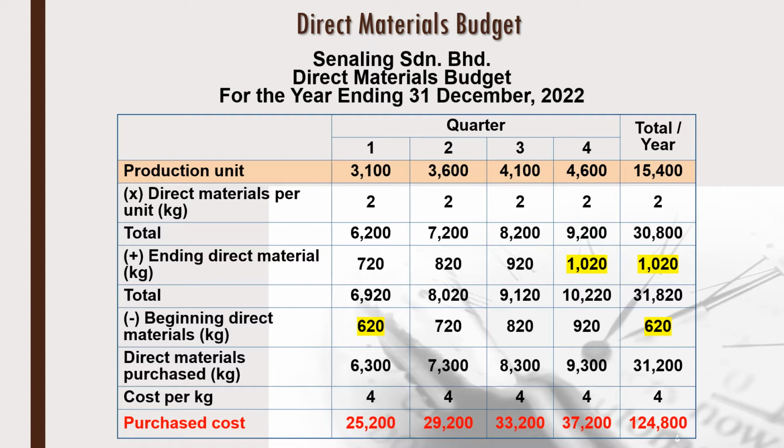And then multiply with cost per kg, that is RM4. So the total purchase cost equals 124,800. If we count vertically or horizontally, the amount must be the same, that is 124,800.